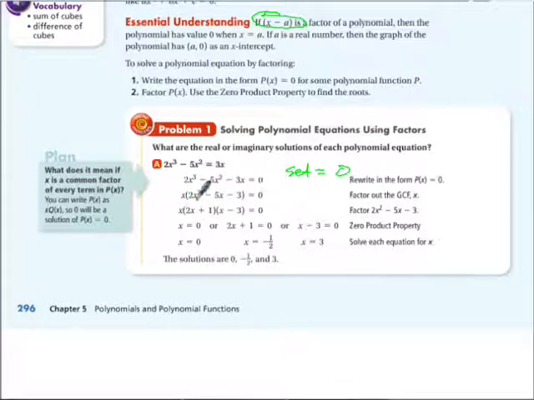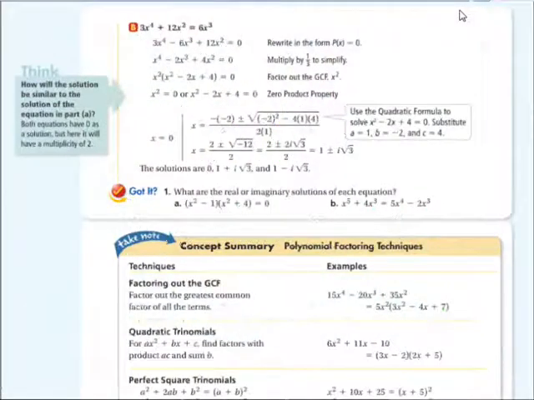You should recognize that there's a greatest common factor, so you factor that out. Then we try to factor this 2x squared minus 5x minus 3. And we get this. We set each one of those equal to 0, so the solutions of that polynomial equation are 0, -1/2, and 3. Okay? Not really complicated, just applying some stuff we've previously done.